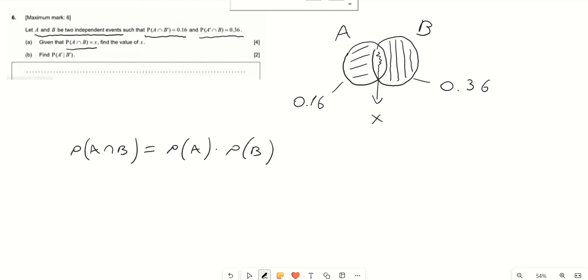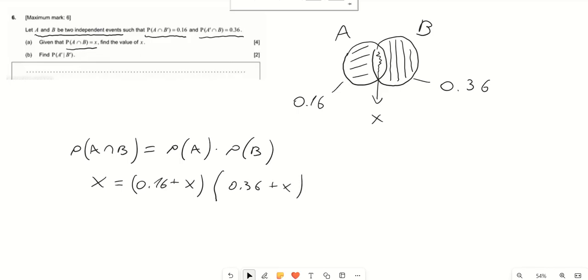So the probability of the intersection is X. This is given. The probability for A is 0.16 plus X. 0.16 is just that, but we have another small section here, the intersection between them, that is X. And the probability for B is 0.36 plus X.